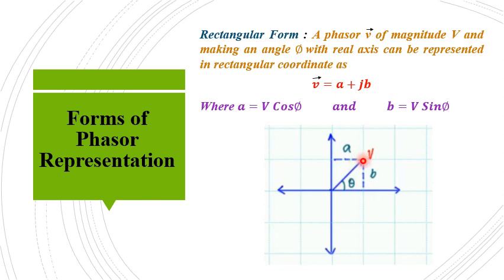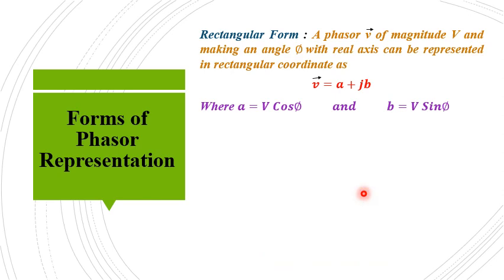And the projection of the phasor on the x-axis is A, and the projection of the phasor on the y-axis is B. Then in rectangular coordinates, we can write this phasor as A plus jB, where A equals V cos phi and B equals V sin phi. Usually this rectangular form is mainly used when we need to add or subtract two phasors.